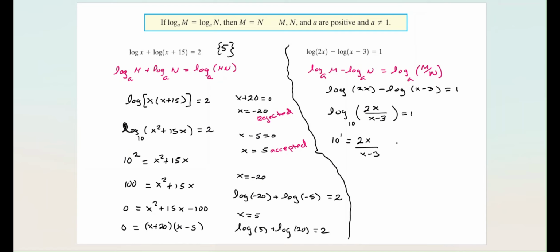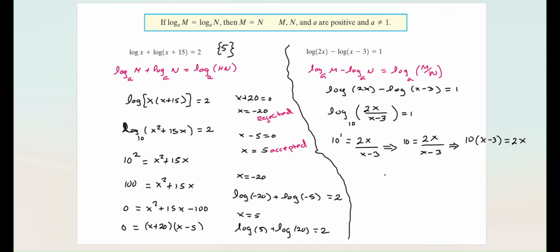Now I can say that 10 is equal to 2x over x minus 3, right? So we can say now that 10 times x minus 3 is equal to 2x.